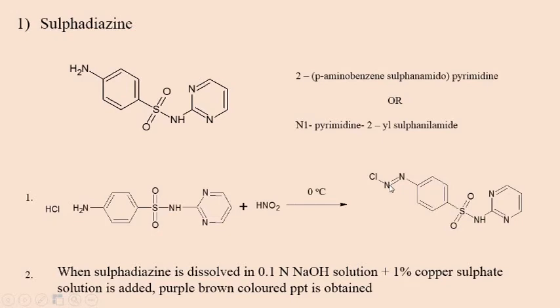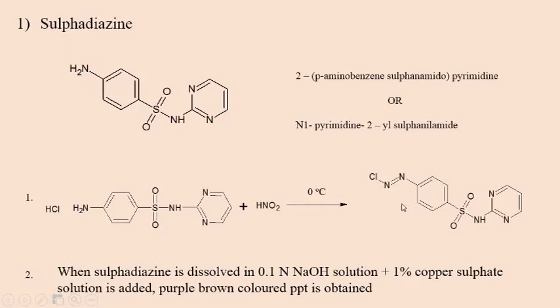Okay, and this is a colorful one. This diazotization reaction is given by sulfadiazine just because it has a free amino group at the para position. At N4 we have a free amino group, so it gives the diazotization reaction.